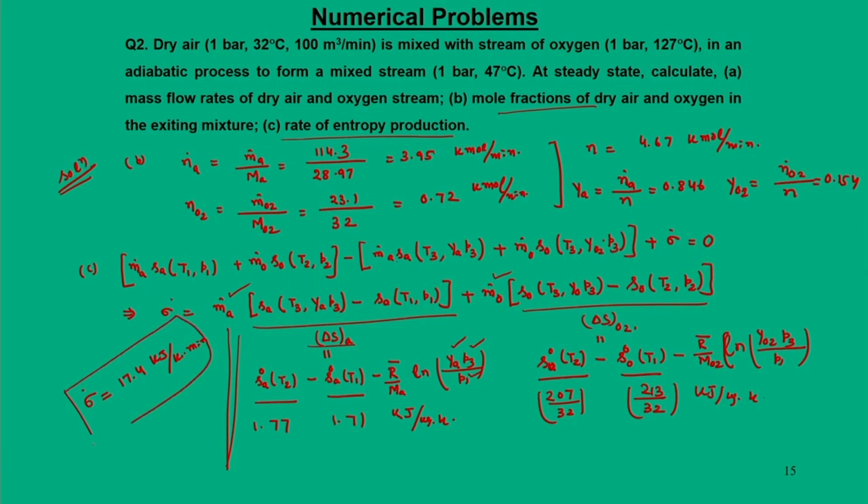So the entropy production during this mixing process is 17 kilojoule per Kelvin per minute. Just to summarize, although these expressions are written out, you should understand the notation and the framework in which it is written, so it will be easy for you to get the property values directly from the book. It's only a matter of inserting data into the given equations.